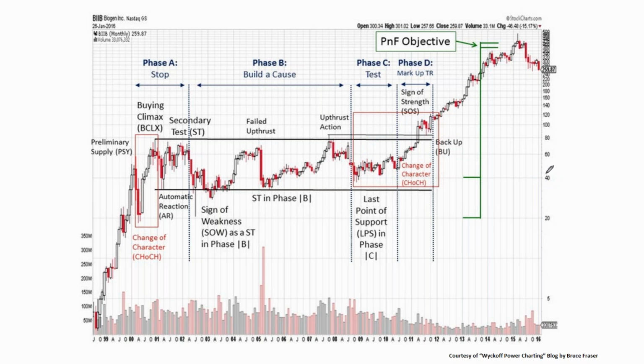Well, I think horizontal counting is very valuable because it establishes the potential for the trade.